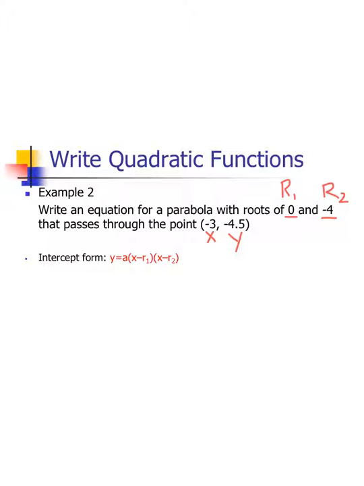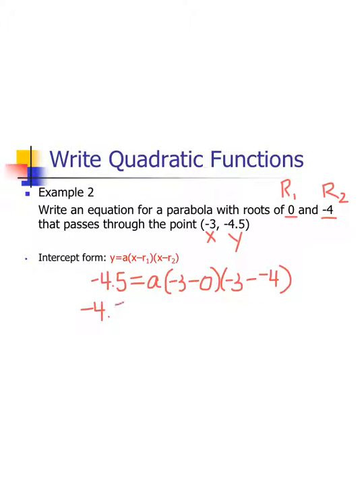Okay, so we have y. Well, y is -4.5 equals a, which we don't know, and we're going to use the x, which is -3, minus the r1 of 0, times x again, -3, minus the r2, which is -4. Now let's simplify that.